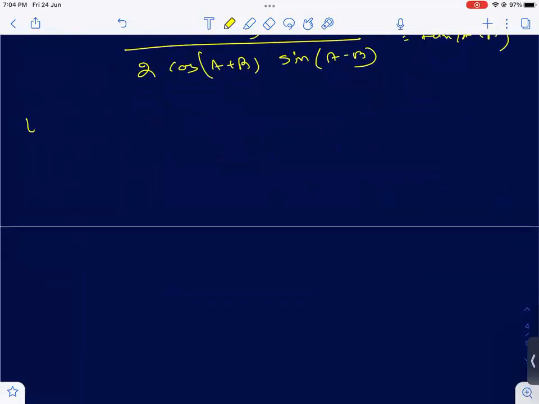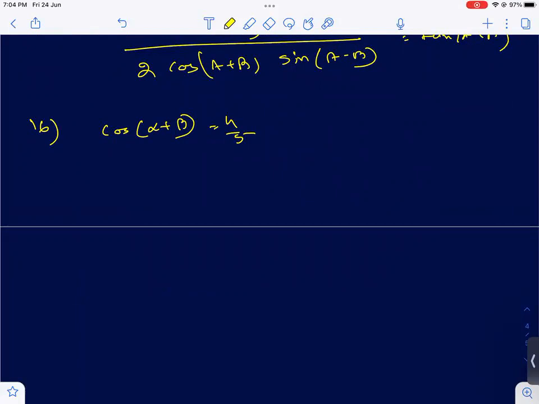Second, 16. Let us go to the 16. In this 16, tan 2 alpha. We can write this here: cos alpha plus beta and sin alpha minus beta are given. So cos alpha plus beta equal to 4 by 5. There is one way to solve the sum in an easy method.